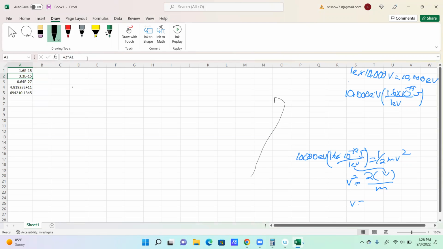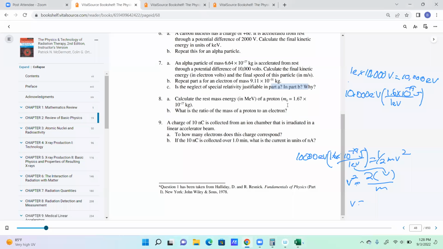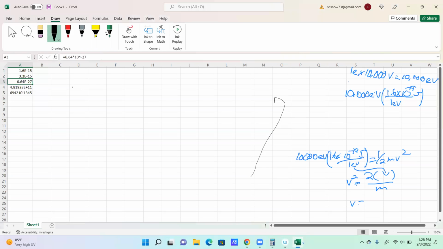So I take that, multiply it by 2, and divide by the mass, 9.11 times 10 to the minus 31, and then take the square root.